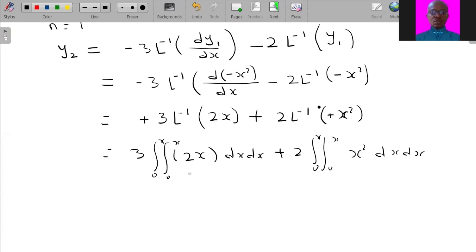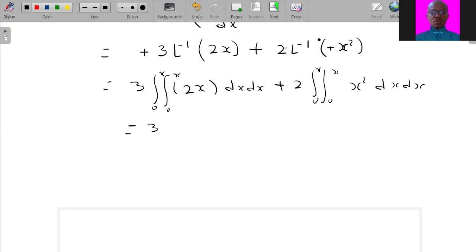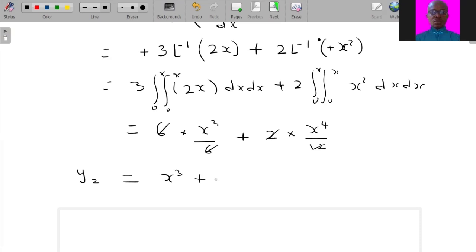And so simplifying this will yield 6 times x raised to the power 3 over 6 plus 2 times x raised to the power 4 over 12. Simplifying this, our y2 will be x raised to the power 3 plus x raised to the power 4 over 6.